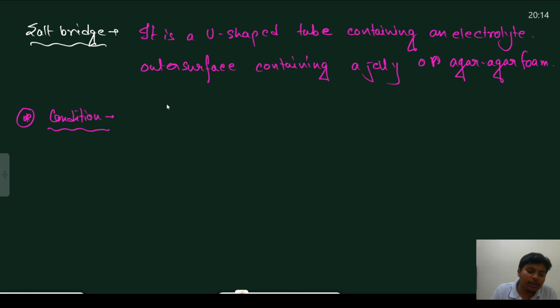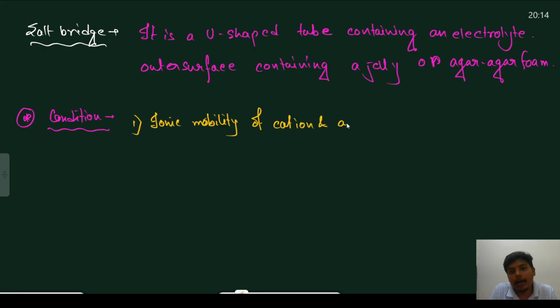Now, what are the conditions? First condition is that the ionic mobility of cation and anion of whatever electrolyte we are using should be the same. Clear?